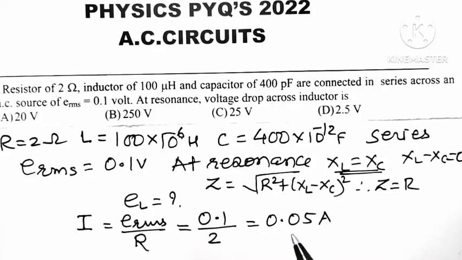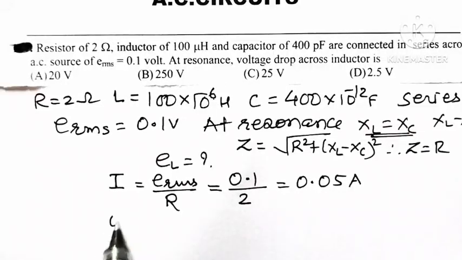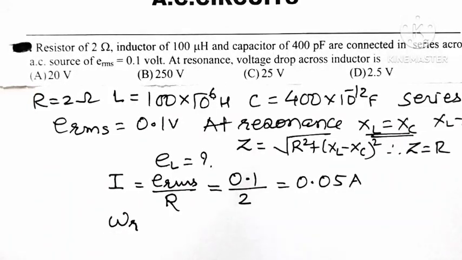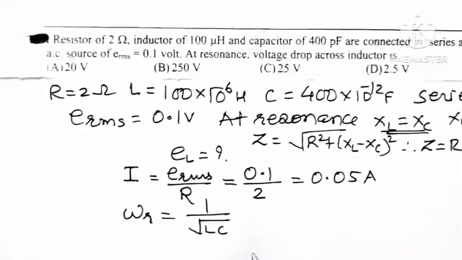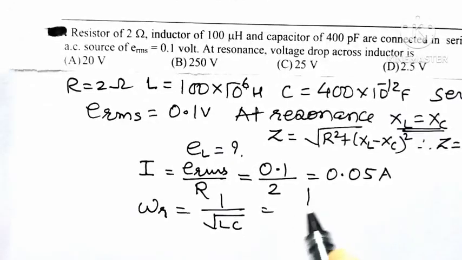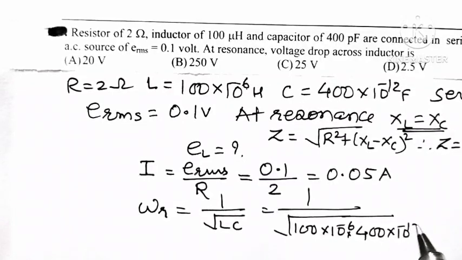So current I is equal to 0.05 ampere. Now the angular frequency at resonance omega R is equal to 1 upon under root of LC. The value of L is 100 into 10 to the power minus 6, and the value of C is 400 into 10 to the power minus 12.